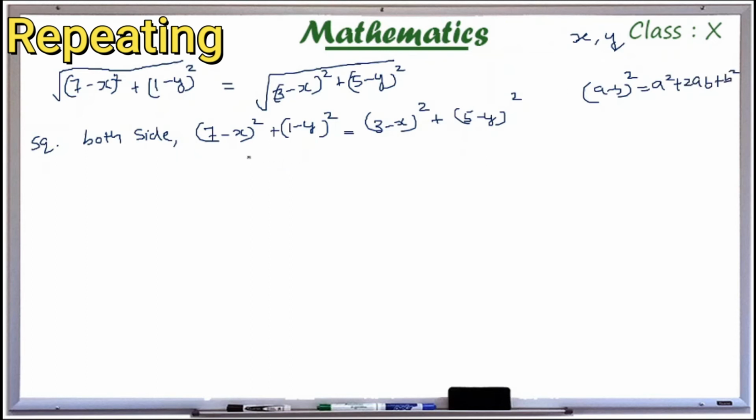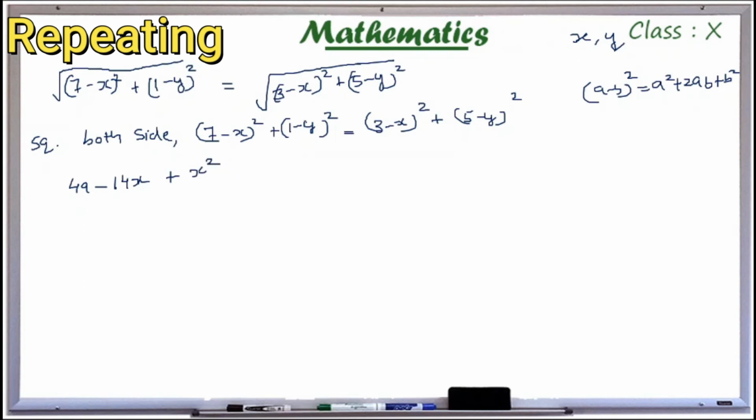So 7 minus x all square I can write as 7 square, which is 49, minus 2ab, 2 into 7 into x, 14x, minus 14x plus x square. So we have expanded 7 minus x all square.